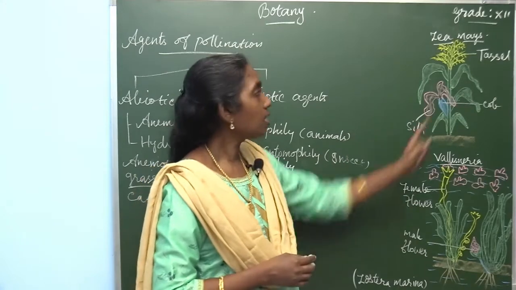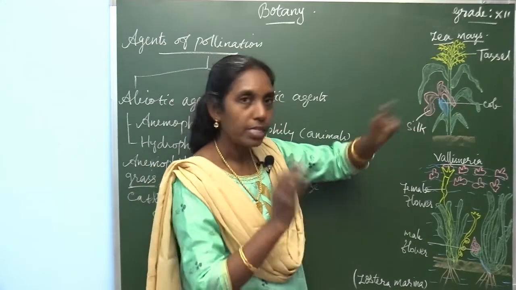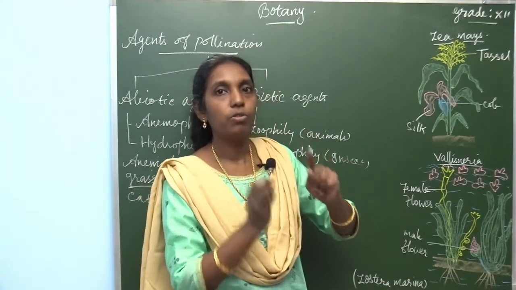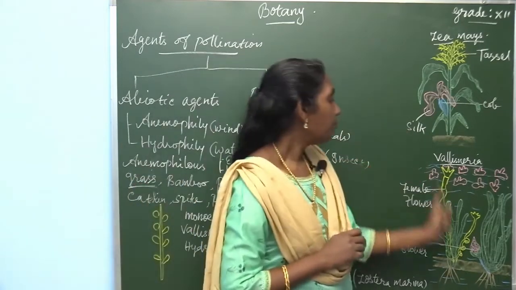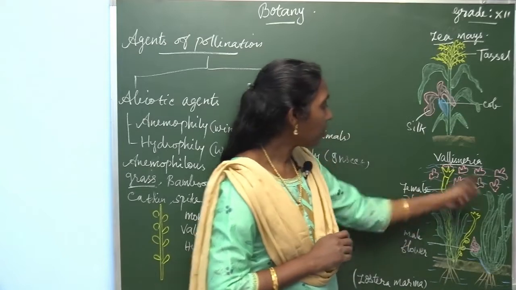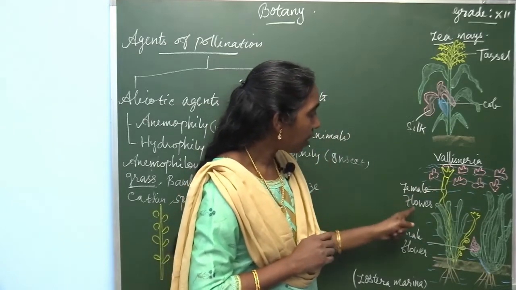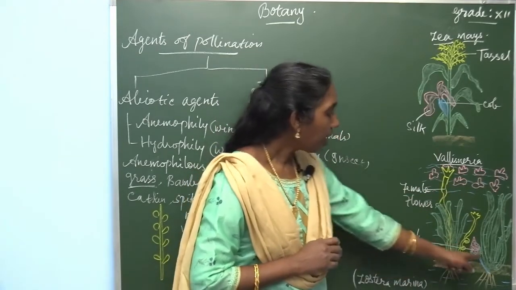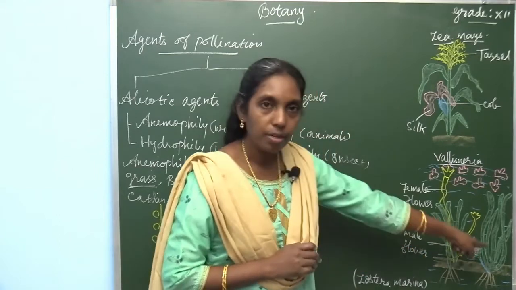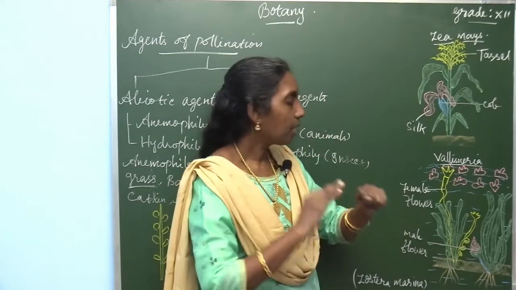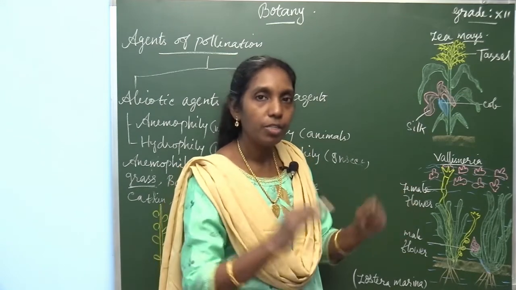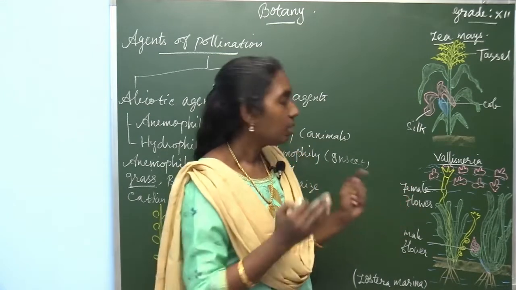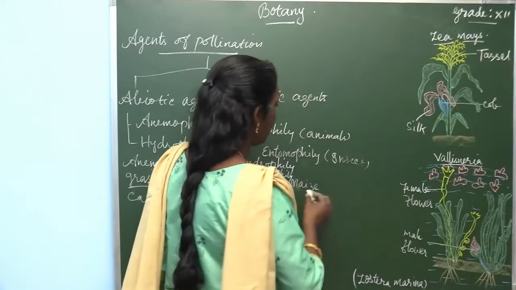What is monoecious? Male and female flowers present or produced within the same plant is called monoecious. Here in this Vallisneria, this is the female flower produced in a separate plant and this is the male flower produced in another plant. So if the male as well as female flowers develop in two different plants, the condition is dioecious.